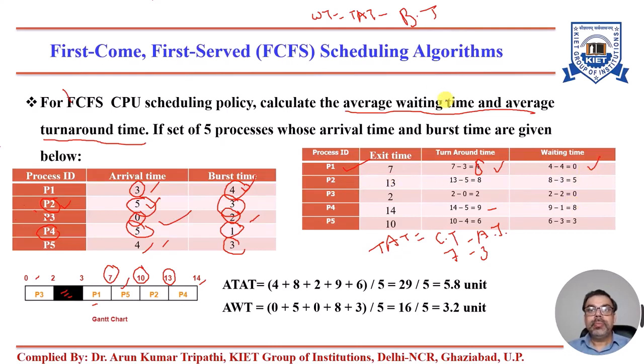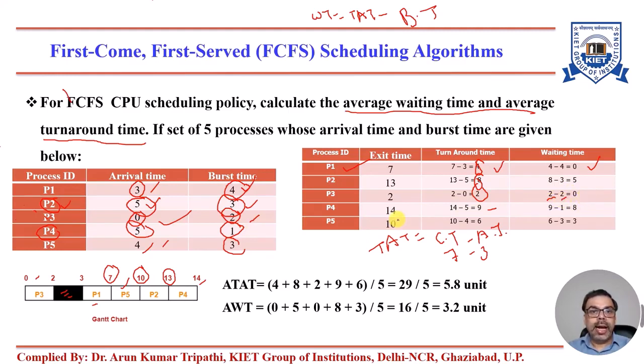P2. P2's turnaround time is 8 milliseconds and burst time is 3 milliseconds. So 8 minus 3 is equal to 5. For P3, turnaround time is 2 units of time, and it requires 2 units of time. So turnaround time minus burst time is equal to 0.